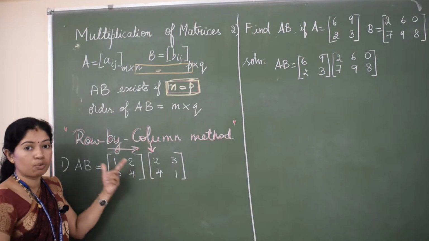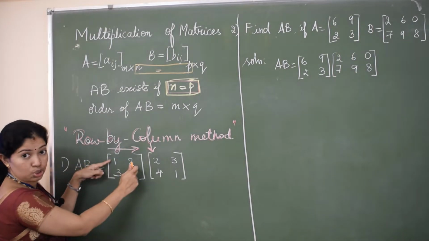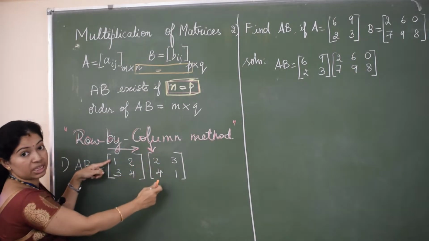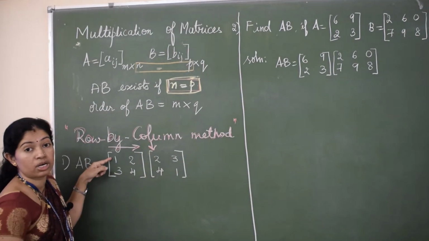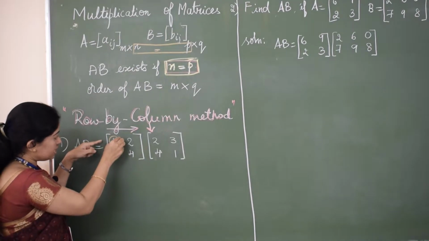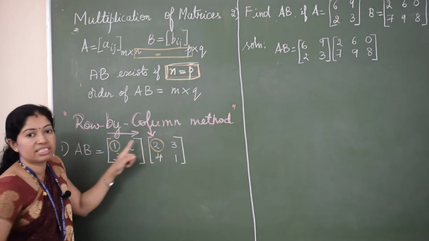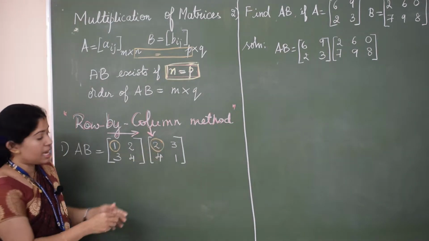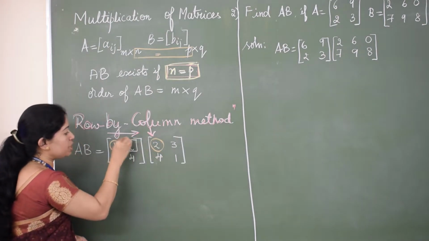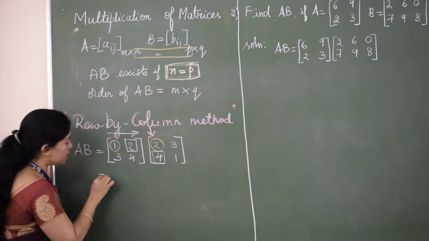Observe carefully how we are multiplying. We are taking the first row and multiplying with the corresponding elements of the first column. Corresponding elements means the first element of the first row you multiply with the first element of the first column, and the second element with the second element. So let us do that now.